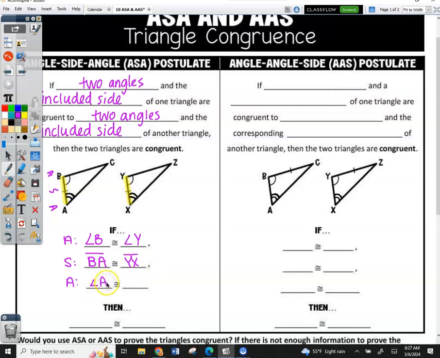Angle X. So because I have an angle, a side, and an angle, and they're clustered together right there on the same edge of the triangle, then I can say I've met the shortcut for ASA. So I can say triangle ABC is congruent. Now if you call it ABC, you have to call this one XYZ. So that's the ASA shortcut.